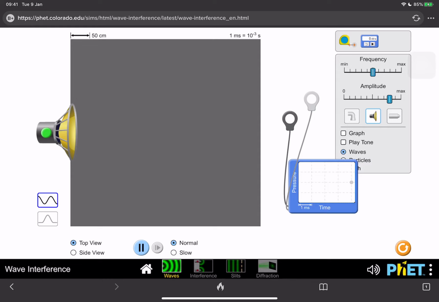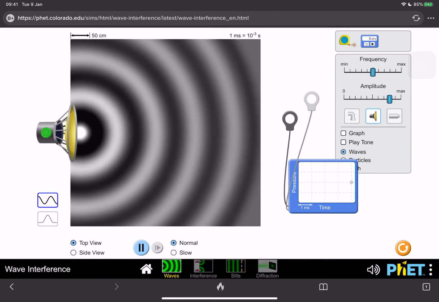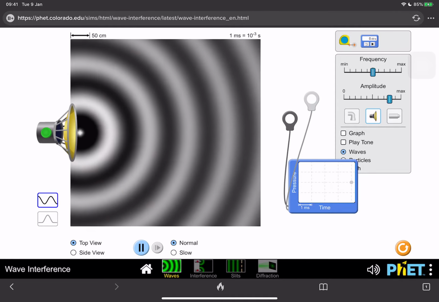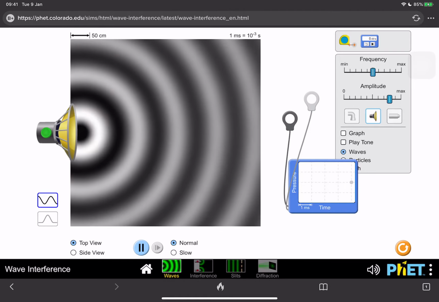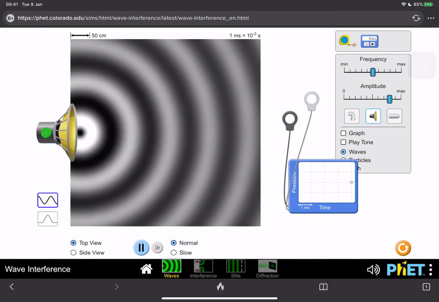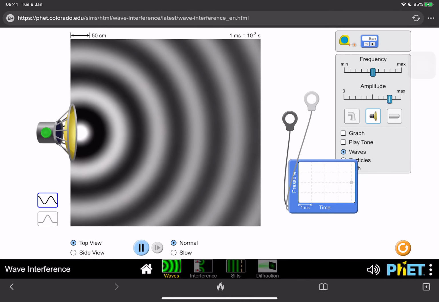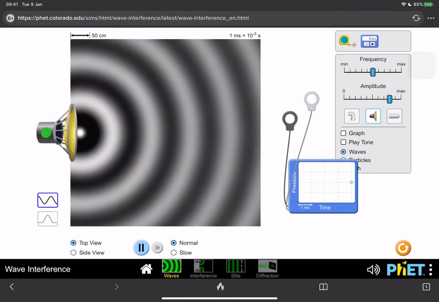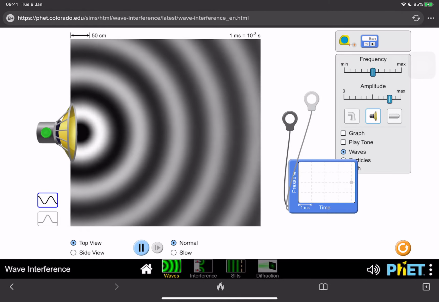So we have a speaker, and the speaker is going to give out sound waves. So I can tap and it's going to generate sound like this. The sound wave is a longitudinal wave, right? So in a sense, the black and white stripes here indicate the wave, which can again be thought of as the compression wave or the pressure wave or the displacement wave of the air molecules.